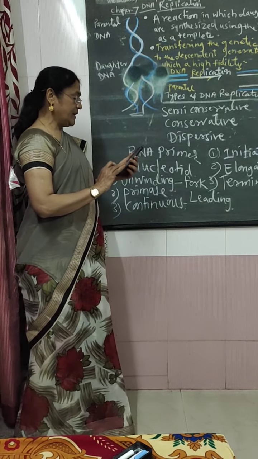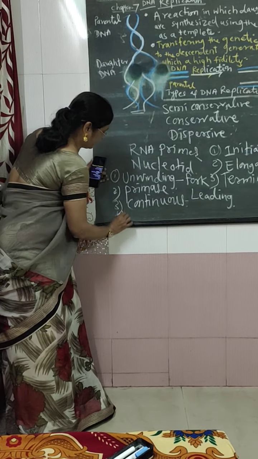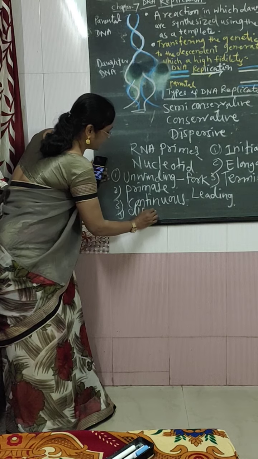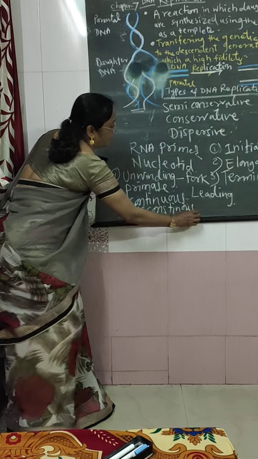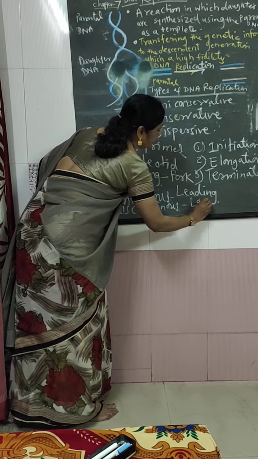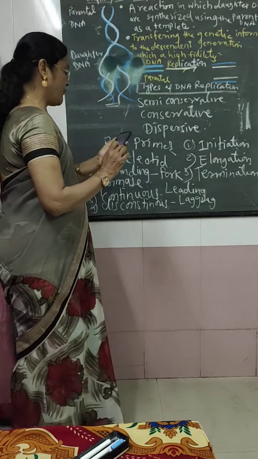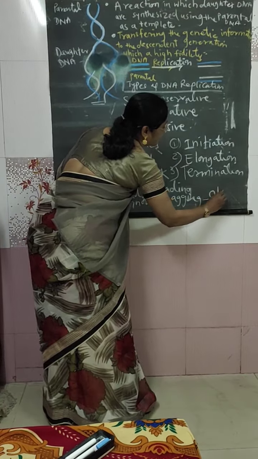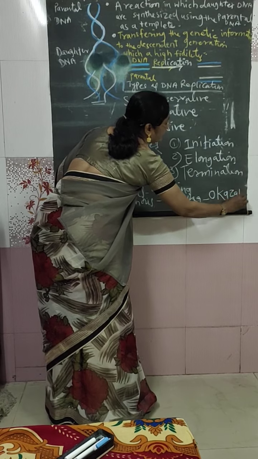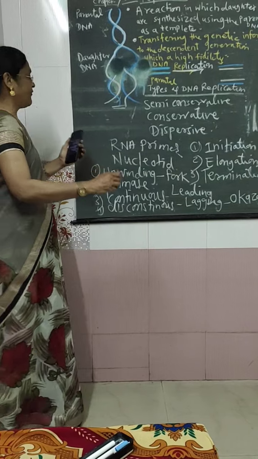In the leading and lagging strands, the leading strand has continuous synthesis. In the lagging strand, there is formation of the Okazaki fragments. See, these fragments are called Okazaki fragments.